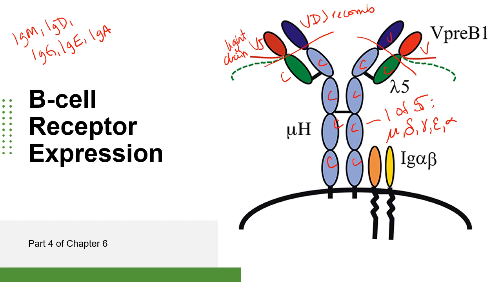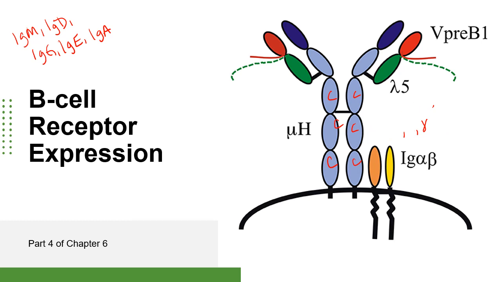All right. Everybody with me so far? Good. This is the structure of a basic antibody. You'll notice where this actually says V-pre-B1 over here.